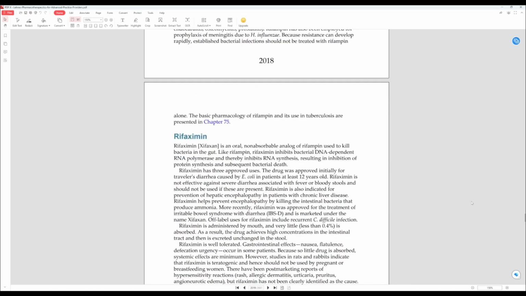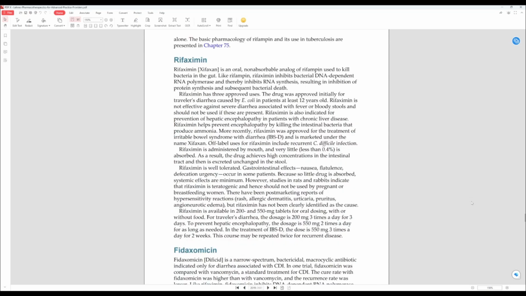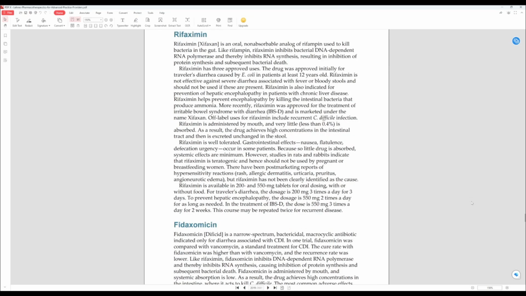Rifaximin, or Xifaxan, is an oral non-absorbable analog of rifampin, again used to kill bacteria in the gut. Like rifampin, rifaximin inhibits bacterial DNA-dependent RNA polymerase and thereby inhibits RNA synthesis, resulting in inhibition of protein synthesis and subsequent bacterial death.